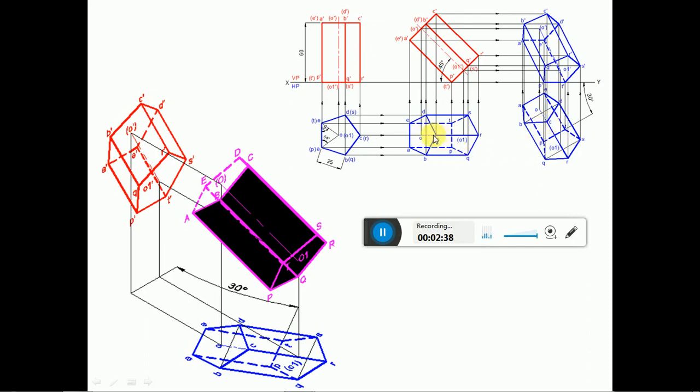Similarly, from C you measure the distance from C to this point or C to O1. From C you cut an arc on this to get this point O1. Similarly, you measure the length from O to this point. From O you cut an arc on this to get this point.